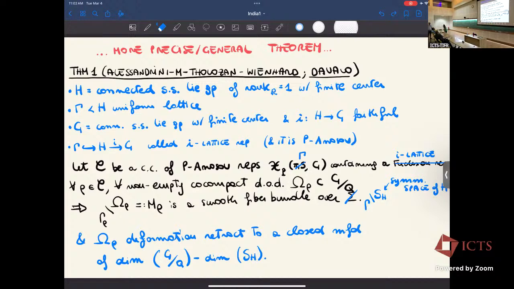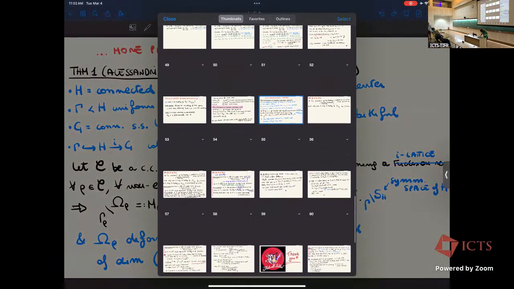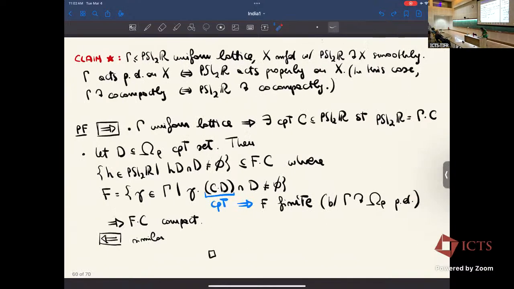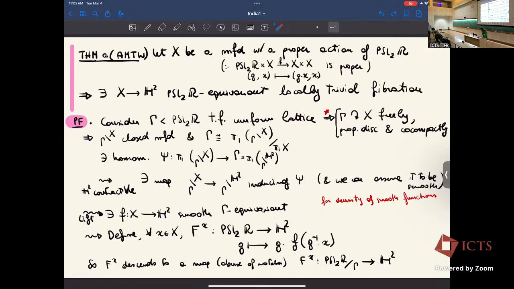The proof, I got lost. Oh, yeah. We use X or X mod, the PSL2R mod gamma. Sorry, we start with an action, not this theorem, this theorem.